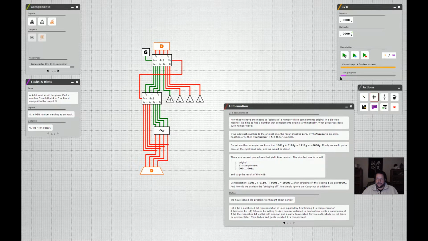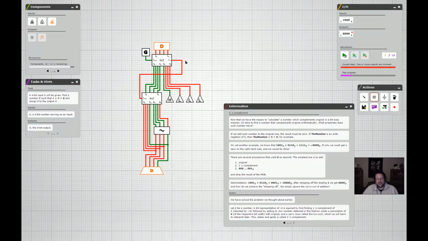Okay, well that worked. We got a 0 from 0. Step 1. Step 2. No. The input was 1 0 0 0, and we got 0 on the outputs.